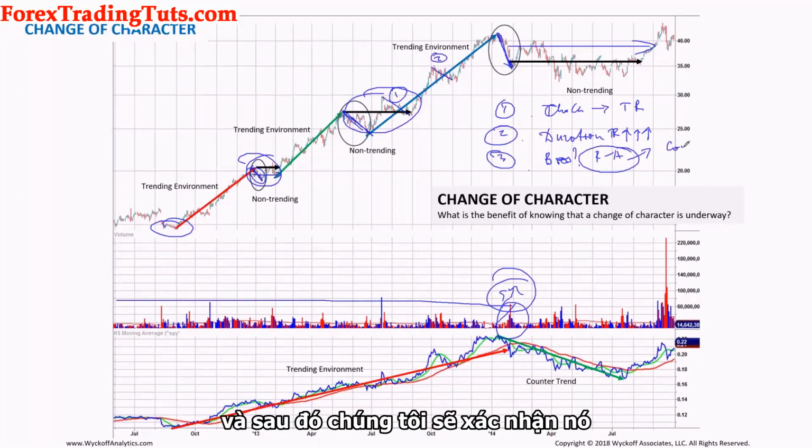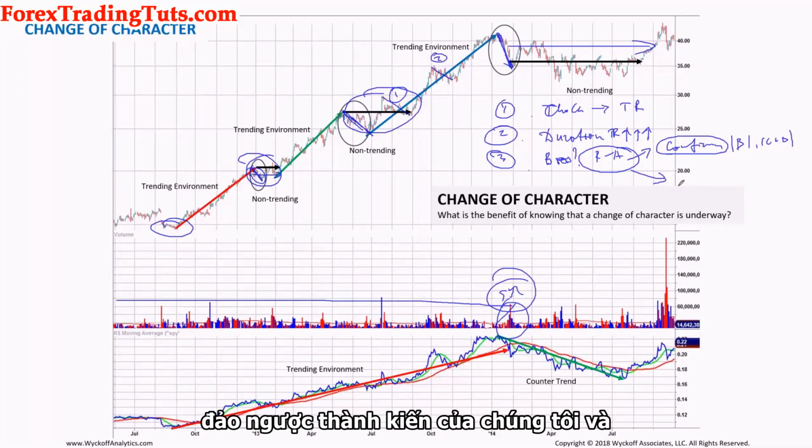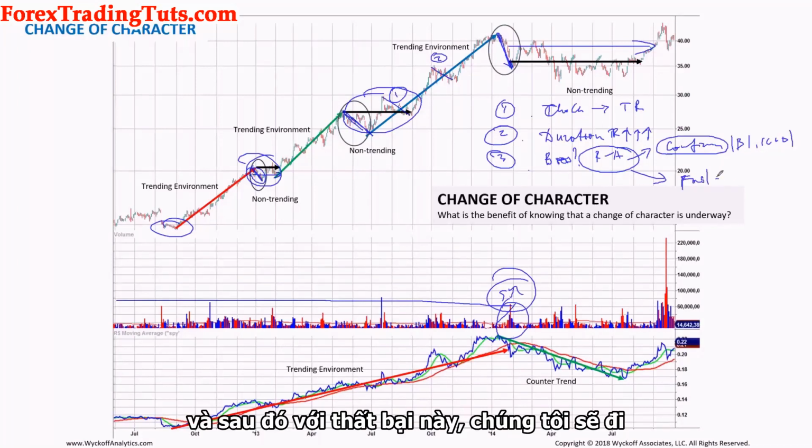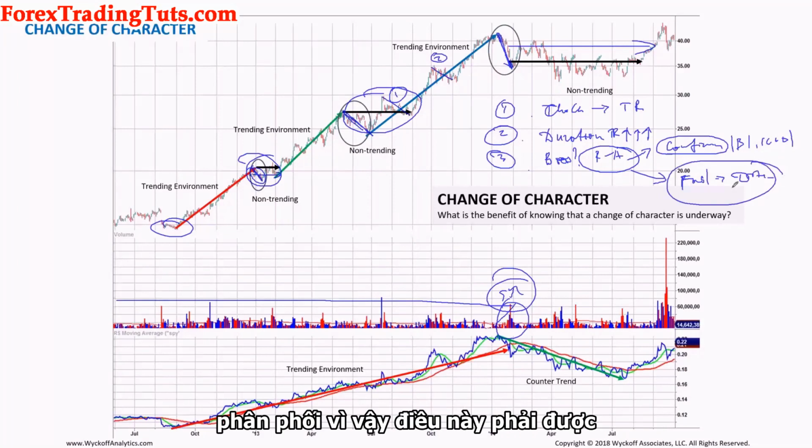And then we are either going to confirm it through the price action in phases B, C, and D, or we're just going to reverse our bias, and this original bias, which is to the upside, is going to fail. And with this failure, we're going to say that most likely we're in distribution. So this has to be confirmed as we go through the whole trading range.